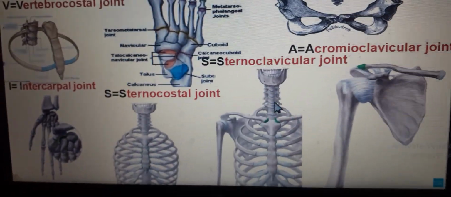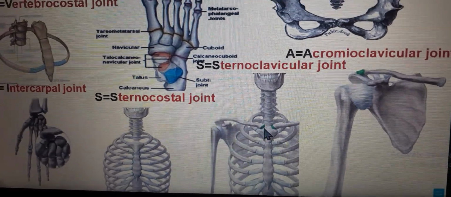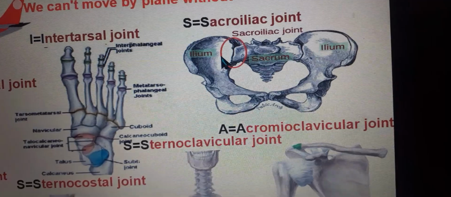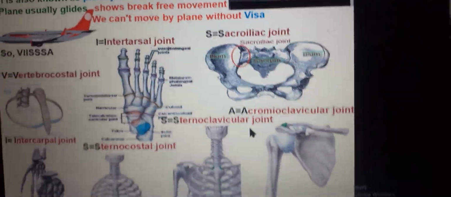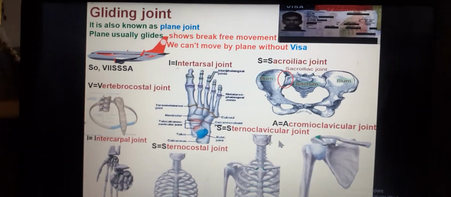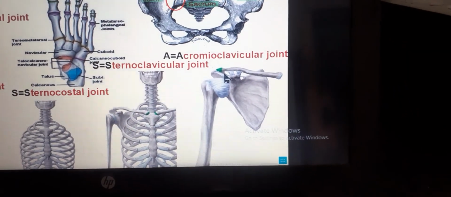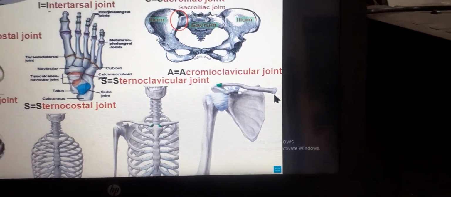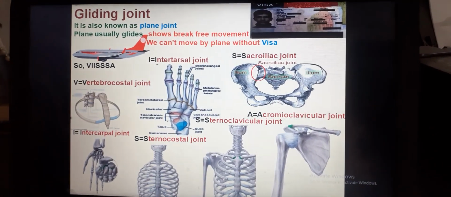And the sternoclavicular joint, in between the sternum and clavicle, here it shows in green color. And another S is the sacroiliac joint, that is in between the sacrum and the ilium of the hip bone. And in VISA, there is one A, that is the acromioclavicular joint, in between the acromion process of the scapula and the clavicle. So these are examples of gliding joint.